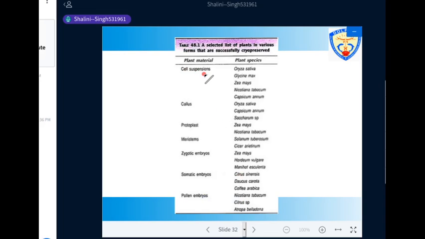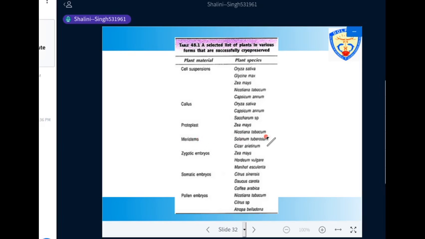In cell suspension, Oryza sativa, that is rice, Glycine max, soybean, Zea mays, Nicotiana tabacum, and Capsicum annuum have been preserved. In the form of callus, Oryza sativa, Capsicum annuum, and Saccharum species have been preserved. In the form of protoplast, it has been used for cryopreservation of Zea mays and Nicotiana tabacum.